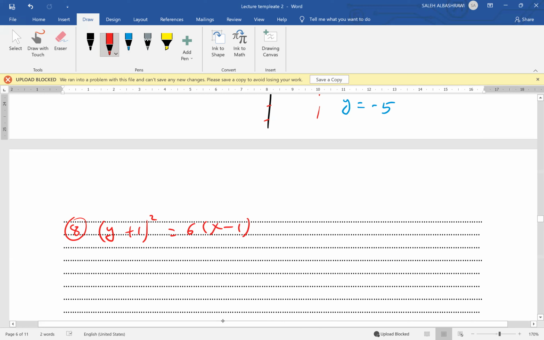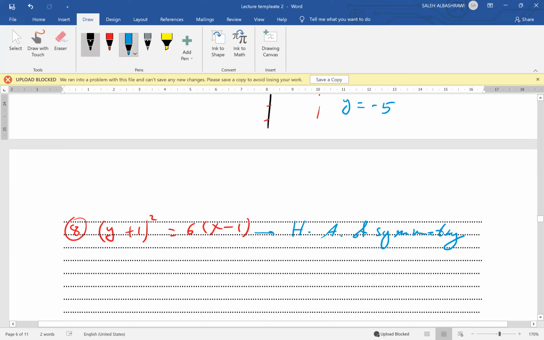Since it is y to power 2, this one has a horizontal axis of symmetry.